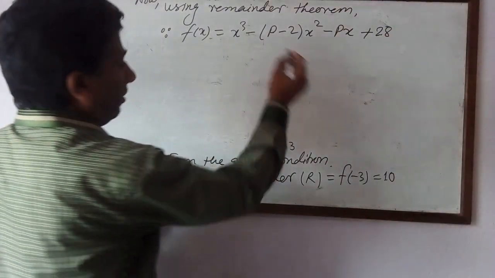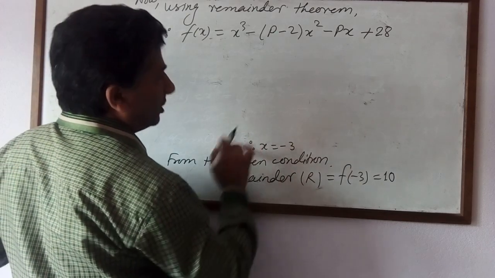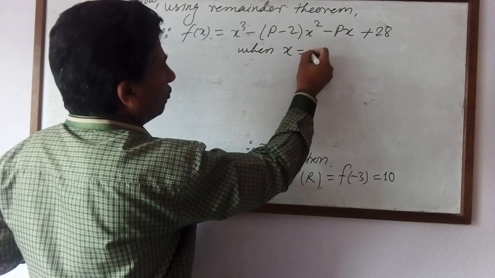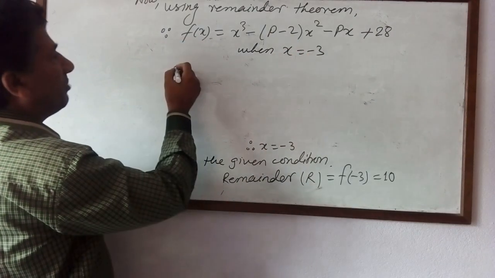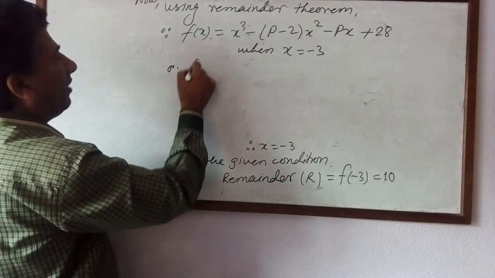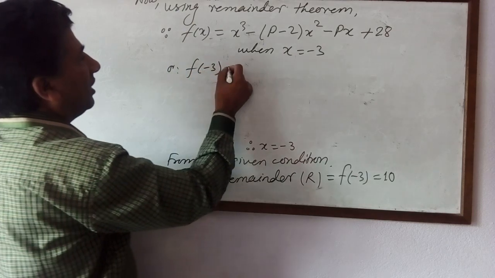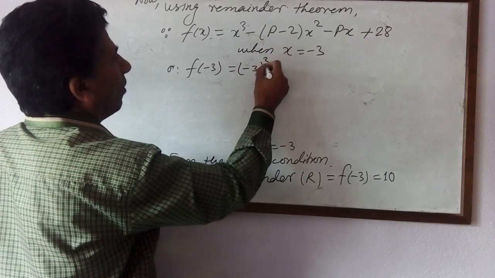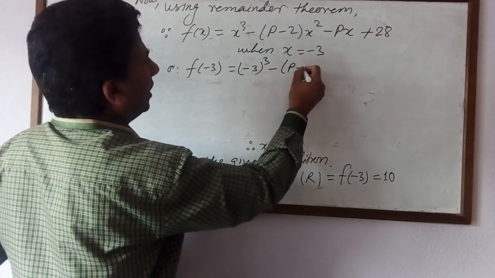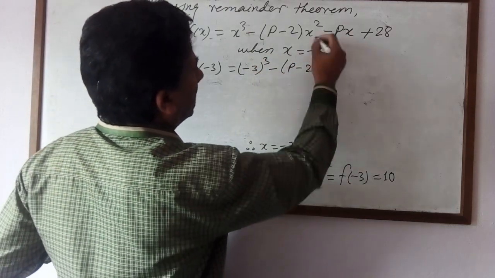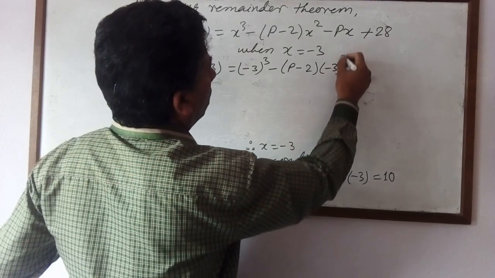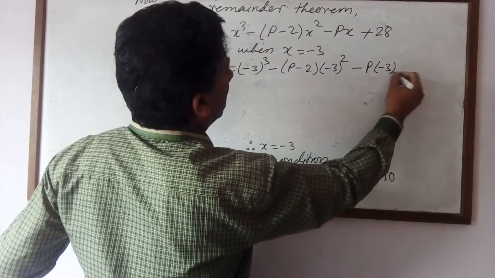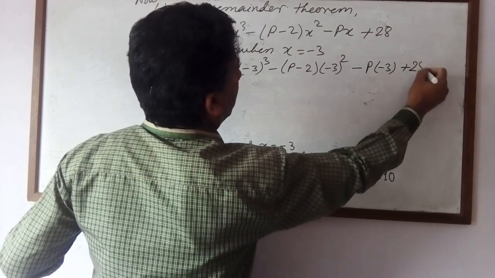Now when our divisor is x plus 3, we put x equals minus 3. Write the value of x equals minus 3 here: f(-3) equals (-3) cubed minus (p minus 2)(-3) squared minus p(-3) plus 28.